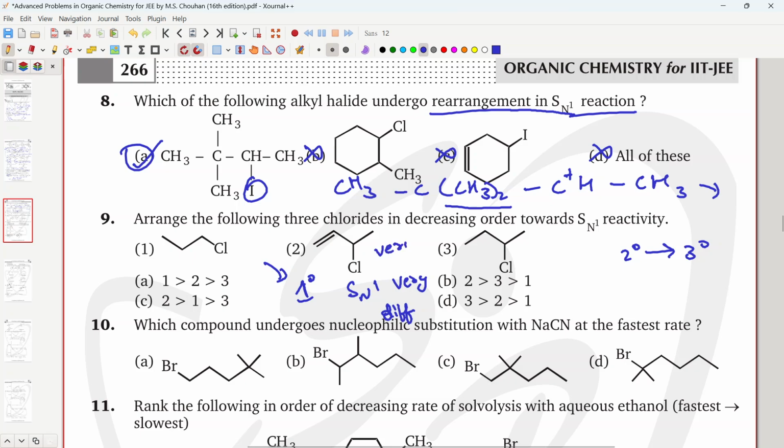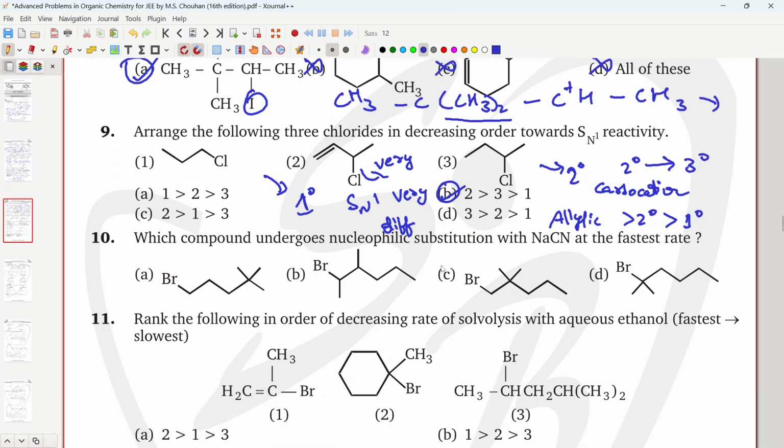So, very favorable. Now, for 3, it's a secondary chloride and it forms a normal secondary carbocation. Since allylic is greater than secondary and primary, therefore, the answer is option B.